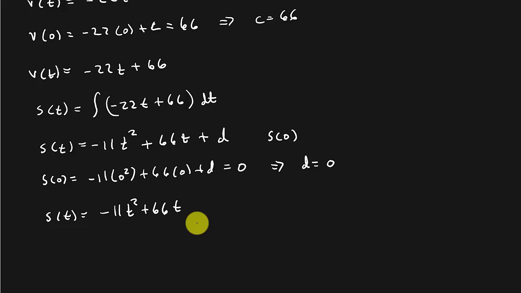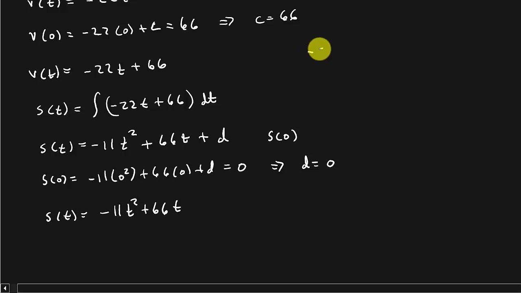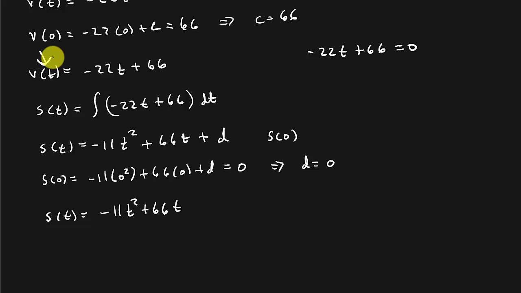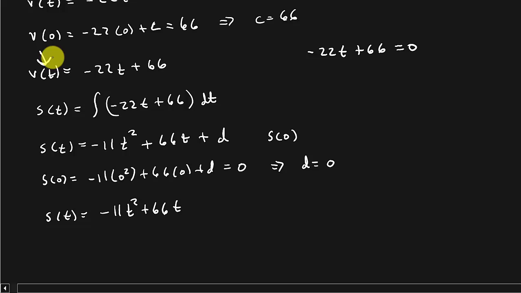Well, now let me ask you this. Would you agree with me if I said that he comes to a stop when his velocity is 0? That makes sense, doesn't it? When how fast he's going is 0, that means he's not moving anymore.